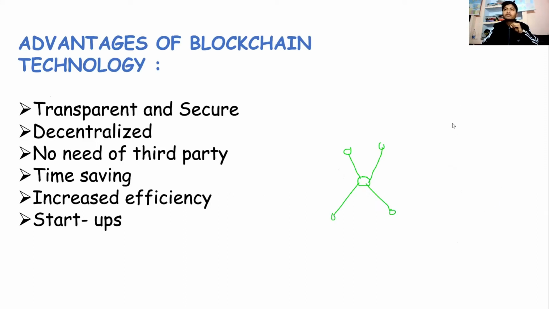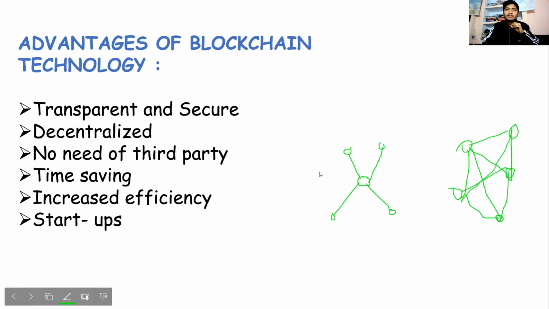But when these networks are connected to each other, this is called decentralized in nature. This is the difference between centralized and decentralized. So this is decentralized in nature.